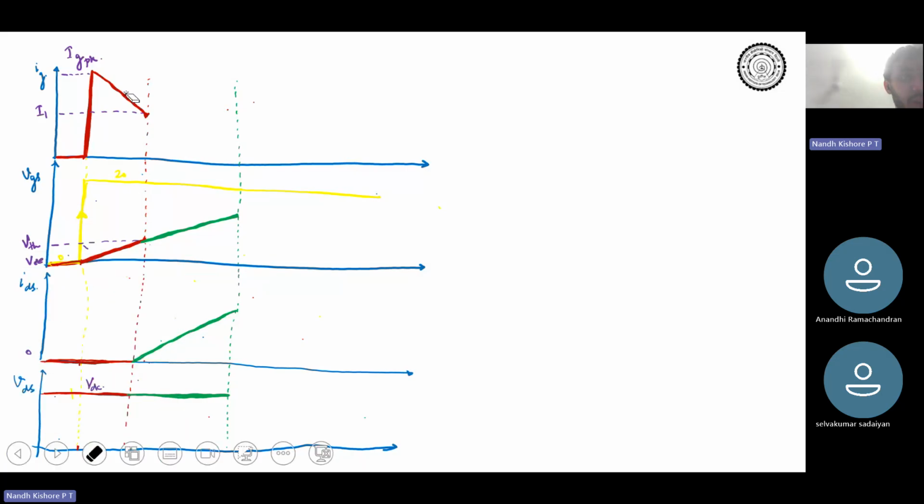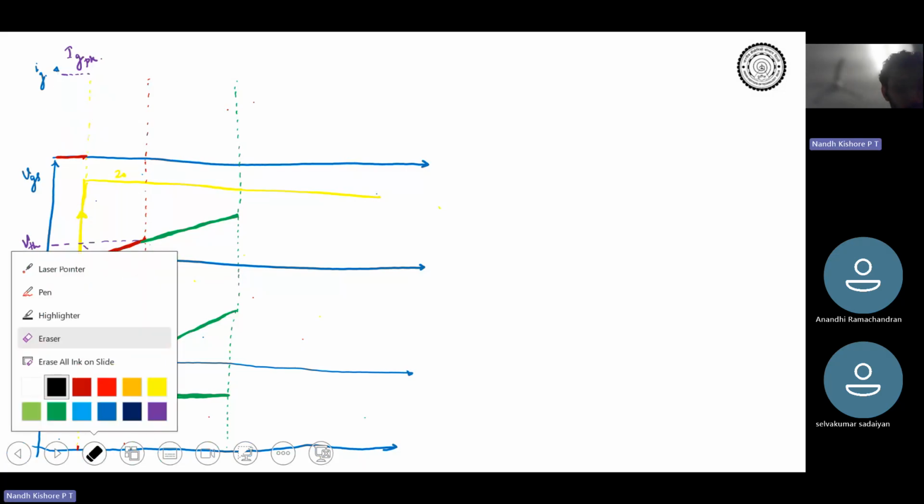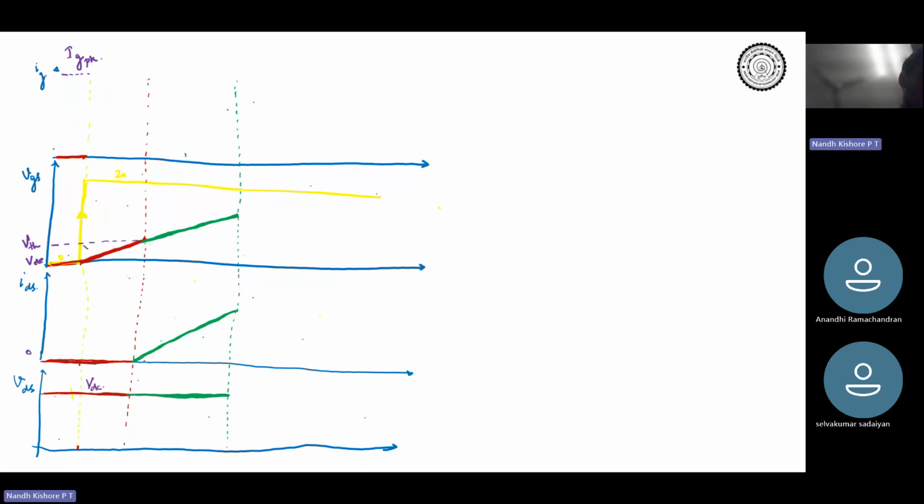I'll just make one change over here, to make sure our diagram is good. Let it fall like this so that I get enough space.